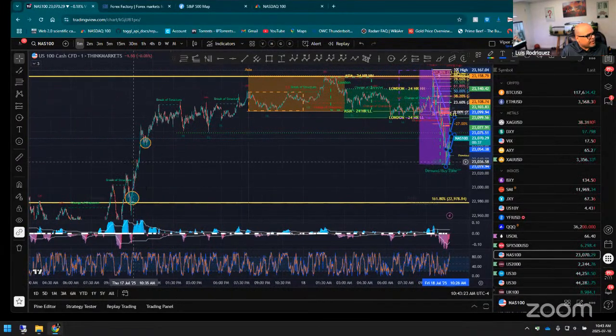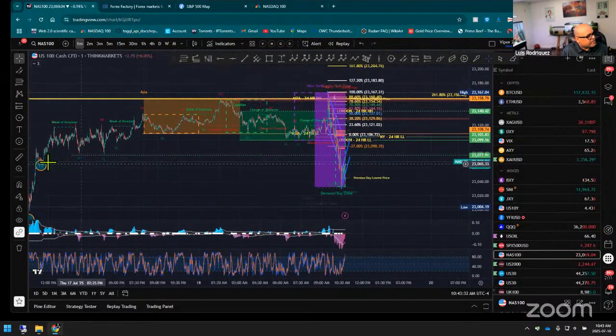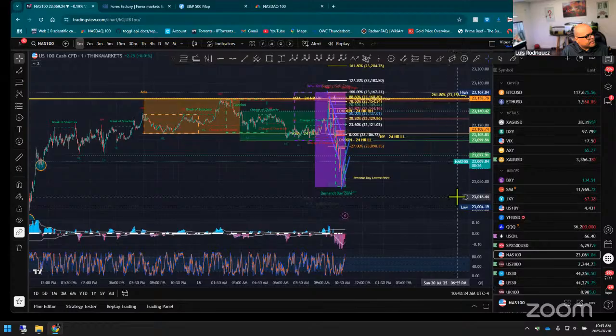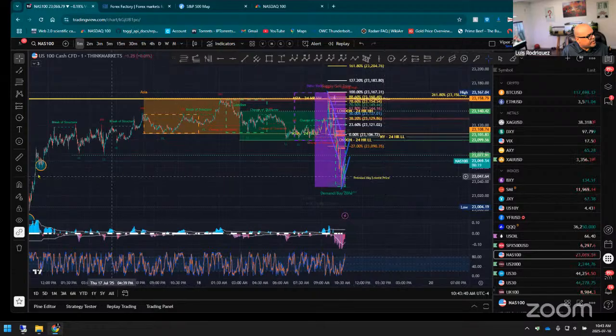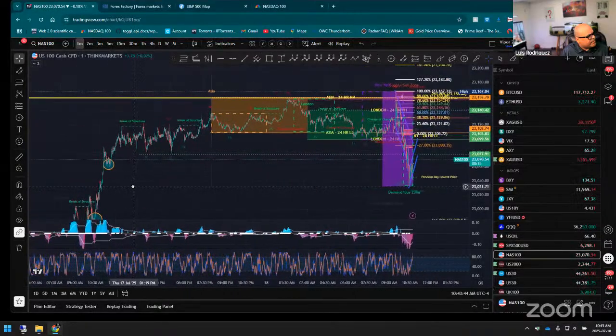As I said to you guys, you might have some reaction here, here, but the ultimate was here. It's back into the area where it broke. Hmm, it's interesting how it actually respected this here. That was not an order block, that was just a reaction to the market. But here, yes.